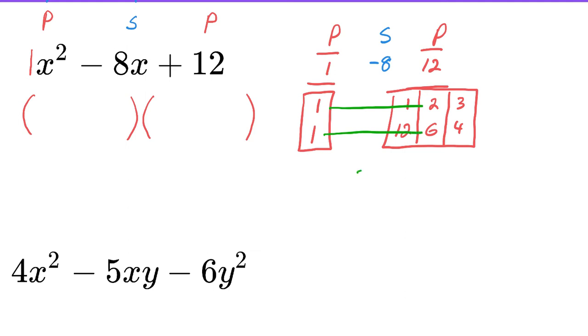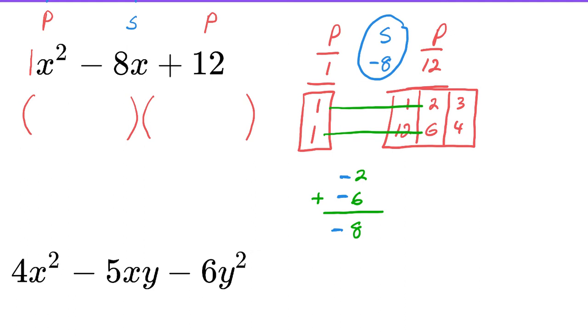So 1 times 2 is 2, and 1 times 6 is 6. And if I add those two values together, I will get 8. I'm trying to make a sum of negative 8. And I can still do that, because if I make those two values negative, they will indeed add up to negative 8.